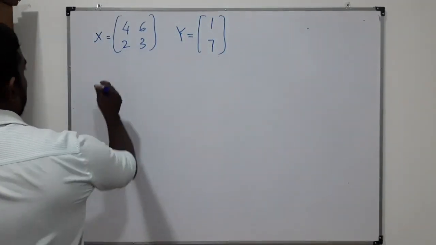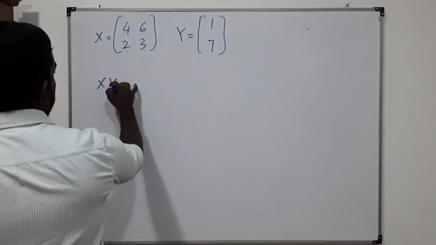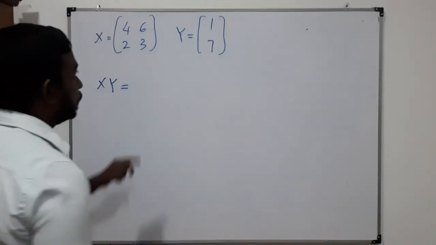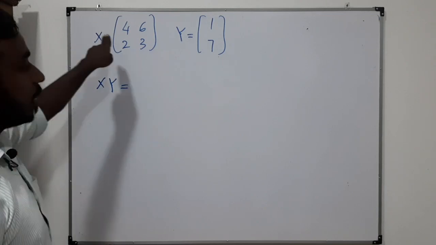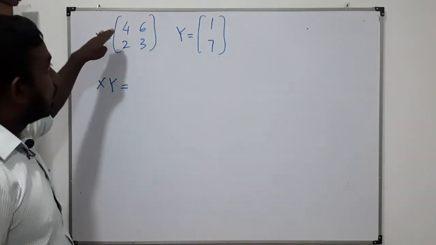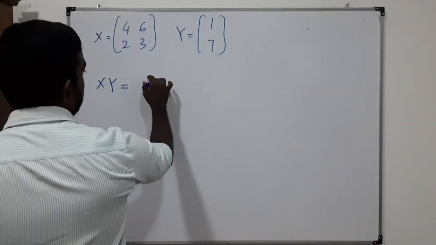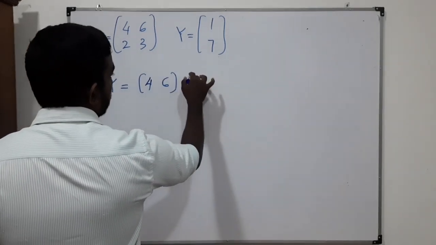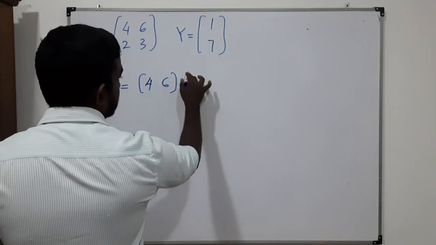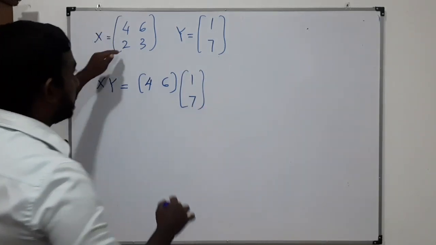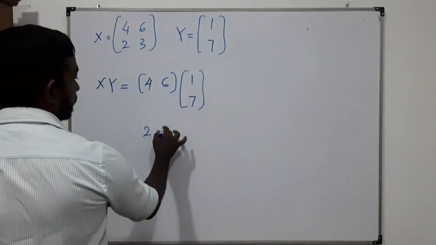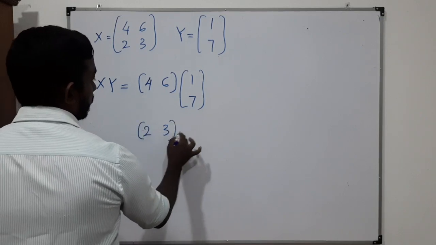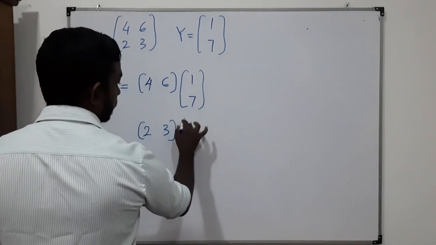So here, whenever we need the multiplication of two matrices XY, we have to arrange them in rows and column. Then the first row will be 4 6, the column 1 7. Then the second row is 2 3, then the column 1 7.